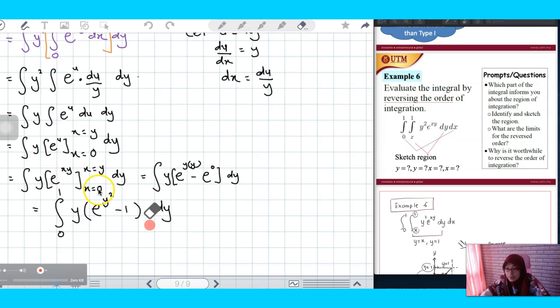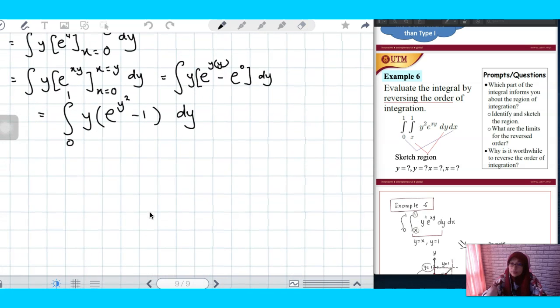Then we substitute x from 0 to y. Be careful, the substitution is only for the x. So you just replace x with y, so you have e^(y squared) minus e^0. e^0 is 1, so now you have e^(y squared) minus 1.